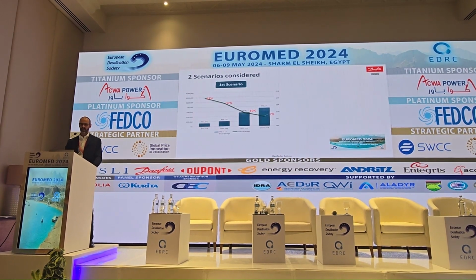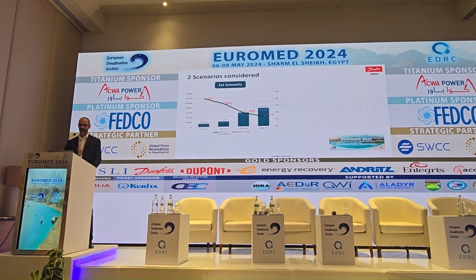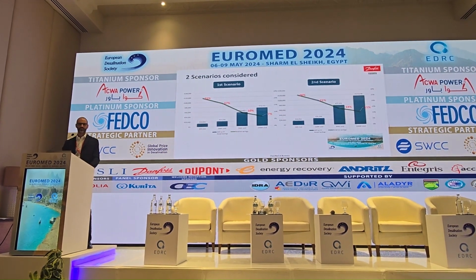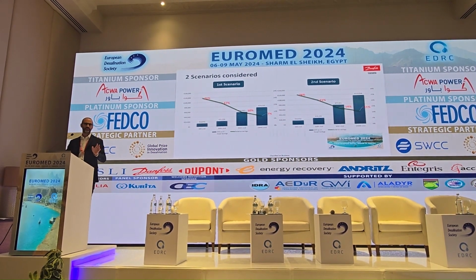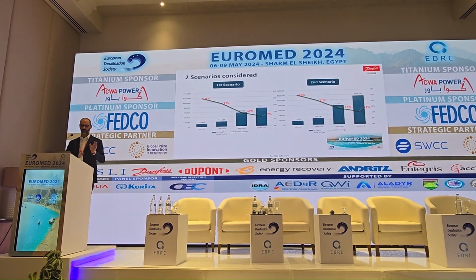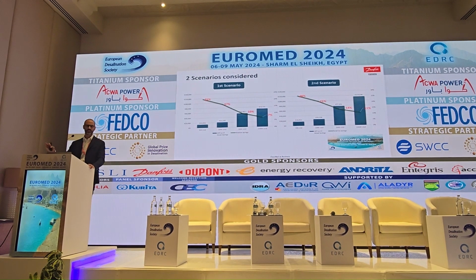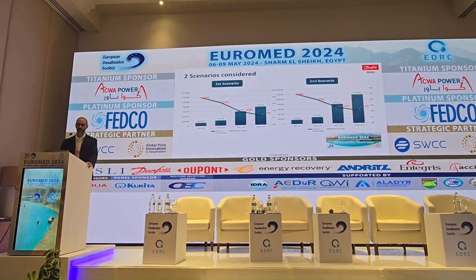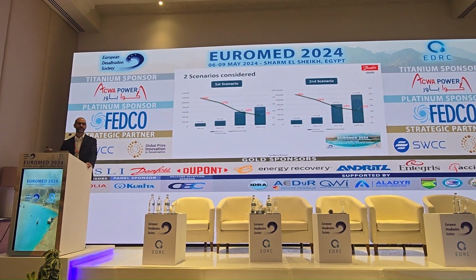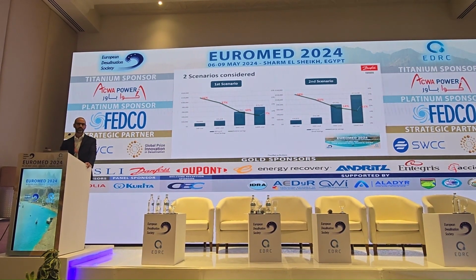So if we compare both scenarios, this is the end of the presentation. Basically we have different savings and different consumptions. In the first scenario, we have really good savings from 500 CMD plants to 10,000 CMD plants, between 7% and 21%. But in real life we are getting even more: 26% saving in the best case.